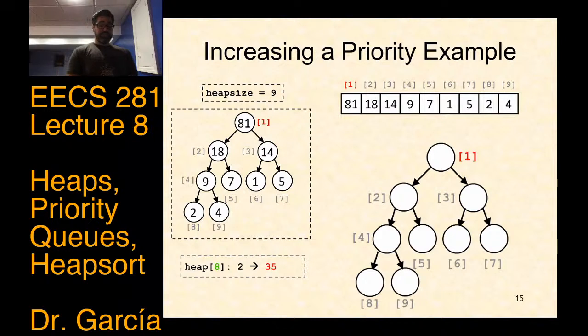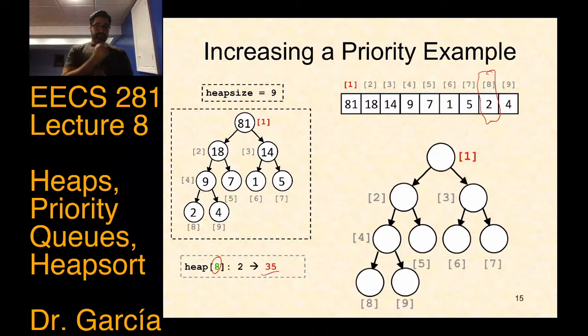So let's say we're taking heap 8, that's this right here, and we're changing the priority from 2 to 35. How would we go about fixing that is the question. Here we'll discuss what we could do conceptually, and then in the next slide, we'll look at code for actually doing this.